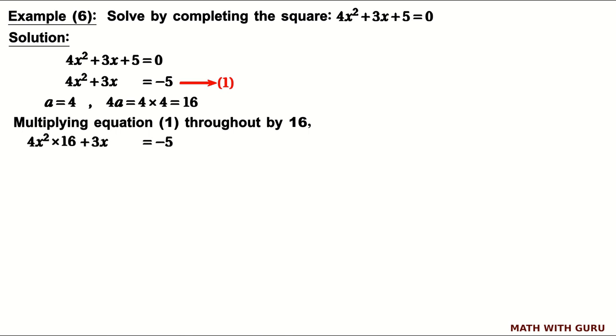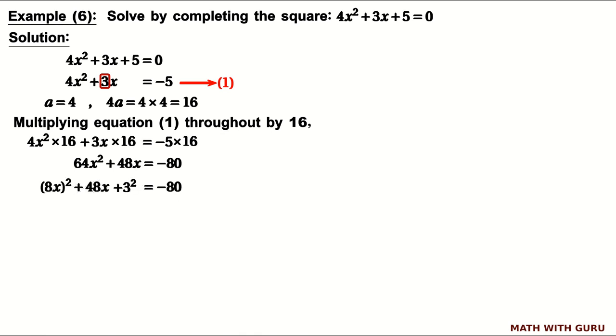4x squared into 16 plus 3x into 16 equals minus 5 into 16. 64x squared plus 48x equals minus 80. (8x) whole squared plus 48x equals minus 80. Consider the coefficient of x, that is 3.